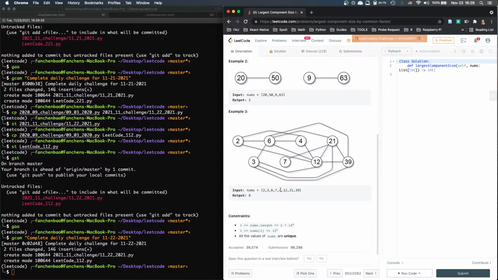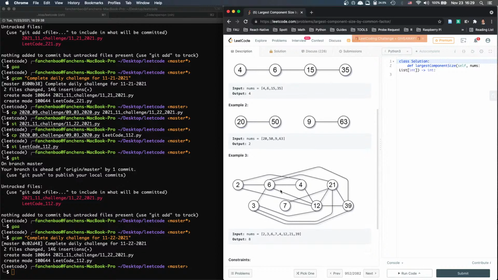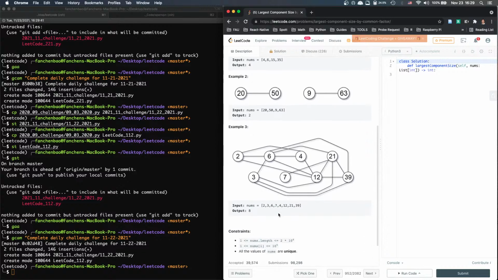Hold on, I might have a better idea. How about we just... No, we cannot. Let me think. Because if we calculate GCD every single time, that's O(log n) to compute GCD. So let's say GCD.